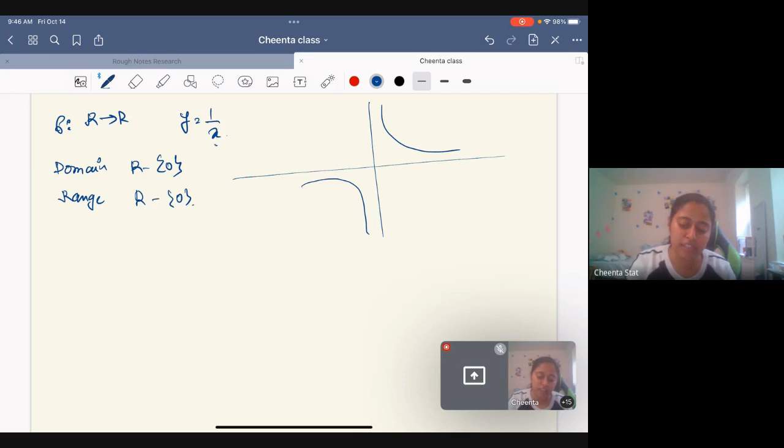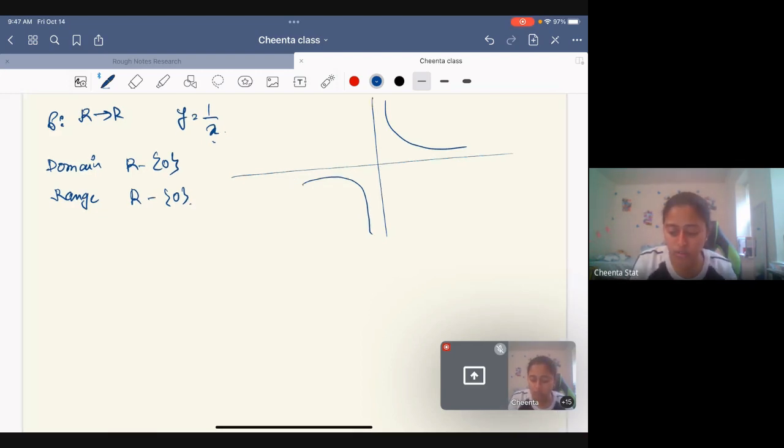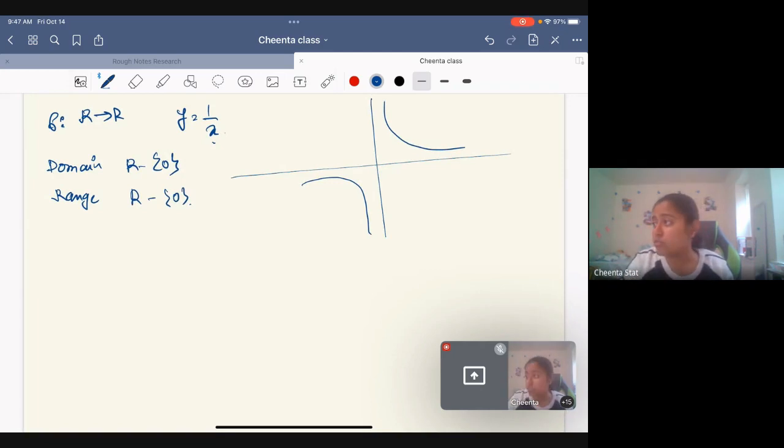That is why it is going to plus infinity and minus infinity. So that is why the graph is very important. If you can draw the graph, you can really tell about the continuity and discontinuity. Okay, so this function is also done.